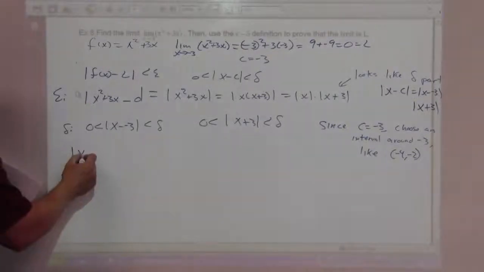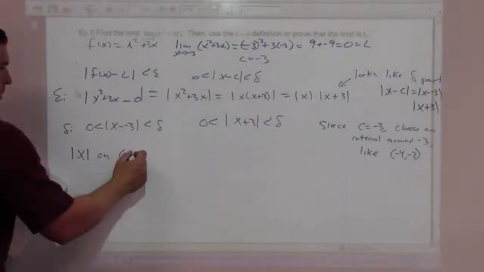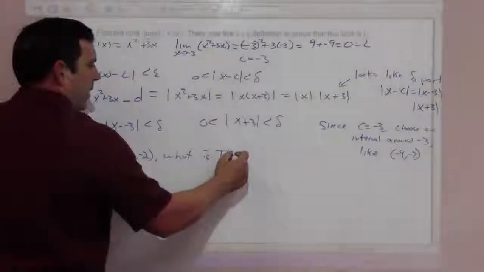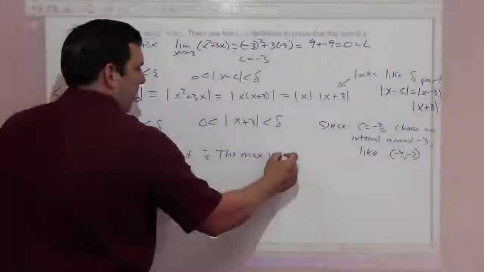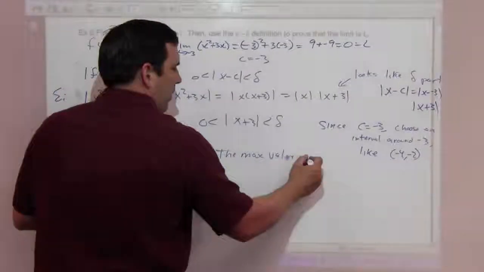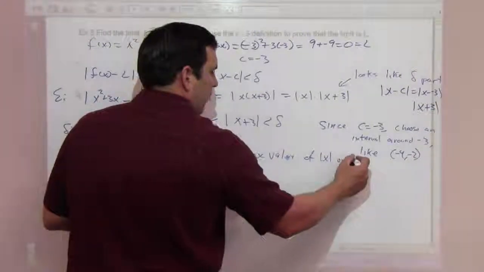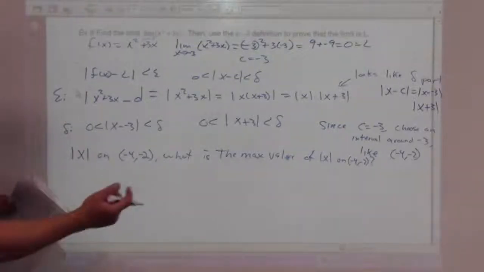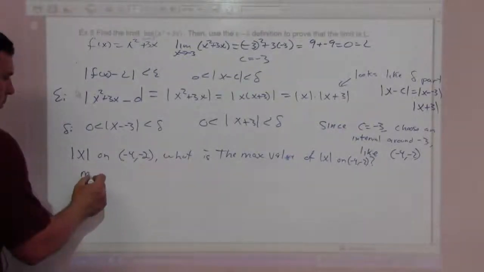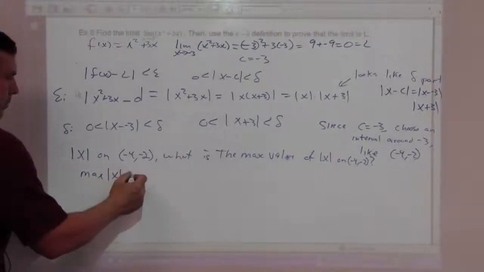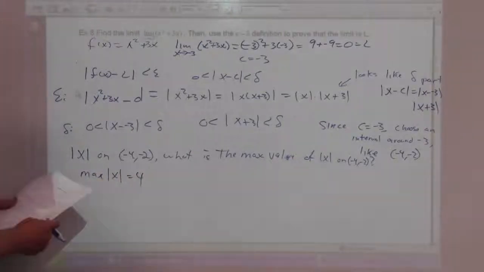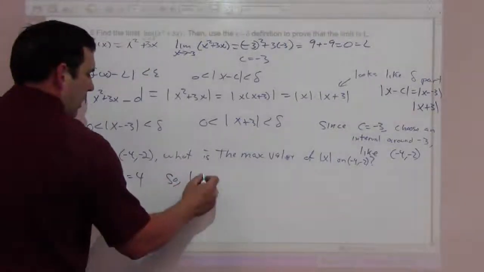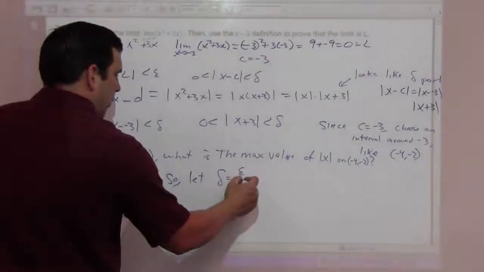So if we look at the absolute value of x on the interval, what is the maximum value? What's the biggest it is going to be? Well, if you put in negative 4, the absolute value of negative 4 is 4. So let our delta be epsilon over 4.